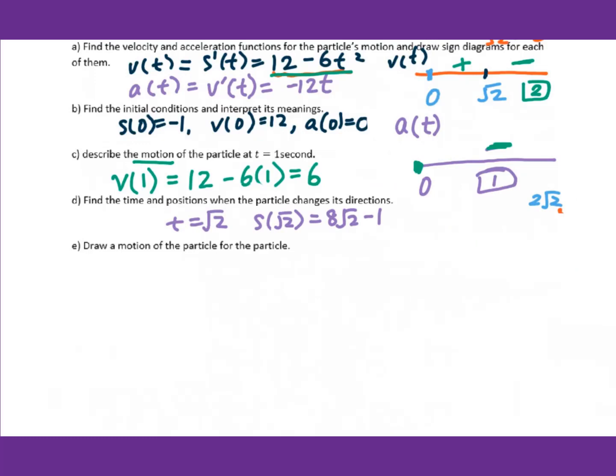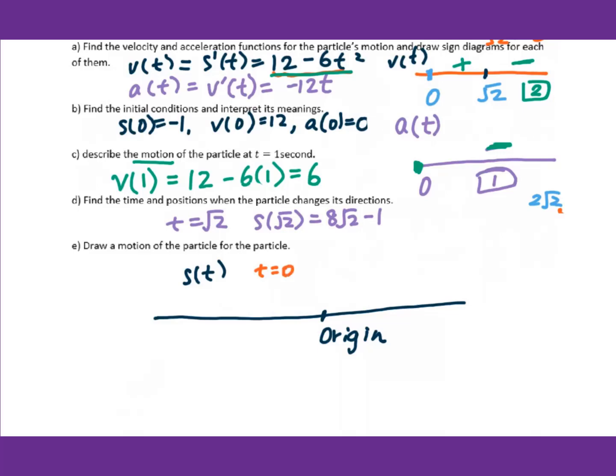For E, draw the motion of the particle. Let's talk about s of t. This will be the origin. When t equals 0, it's located here.